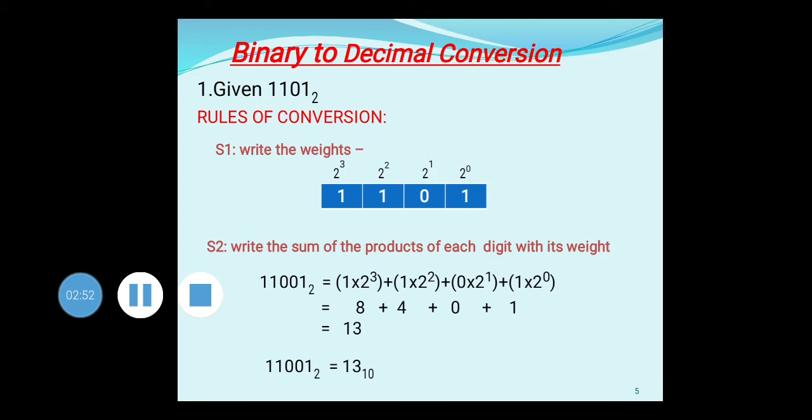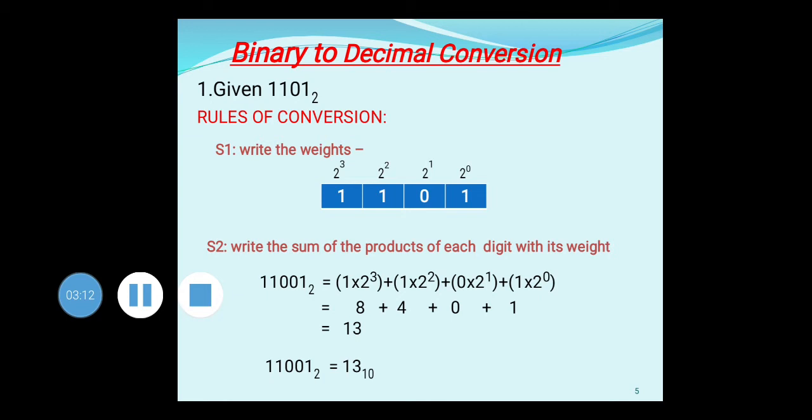You are going to solve it. So 1 into 2 raised to 3 is 8, plus 1 into 2 raised to 2 is 4, 0 into anything is always 0, plus 1 into 2 raised to 0 is equal to 1. Anything raised to 0 is always 1. So 1 into 1 is equal to 1, and you get the final answer as 13.